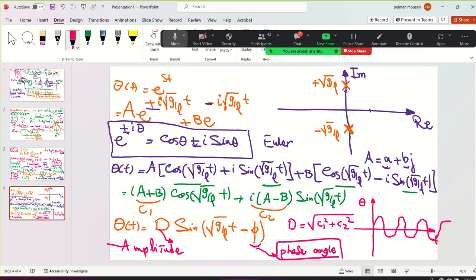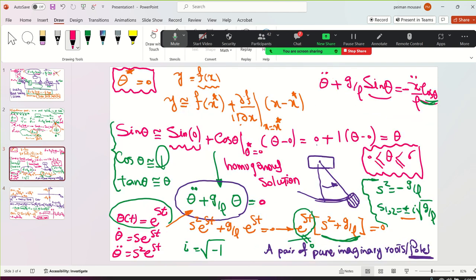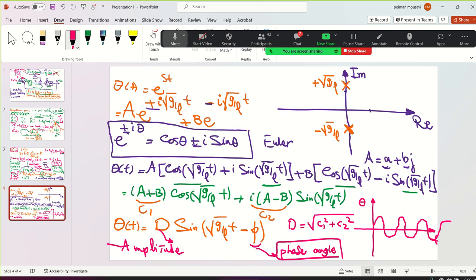It means that if I release it from some point here with the assumption that there is no disturbance, it's going to oscillate forever. Clear, everyone?